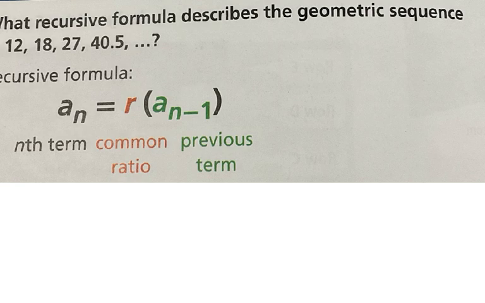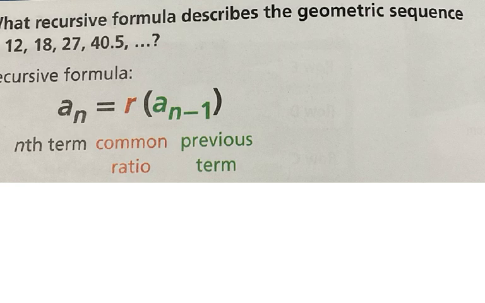If you just look at that formula, it looks like a lot, right? A sub n equals r times a sub n minus 1.